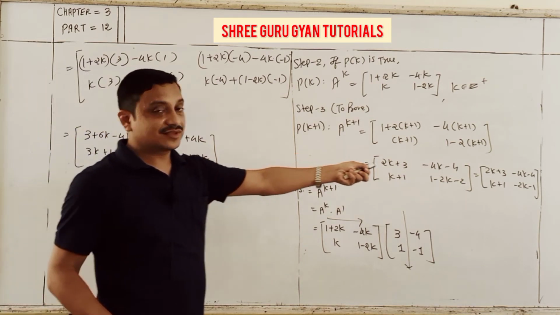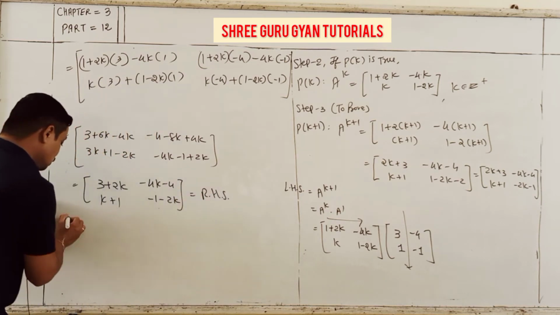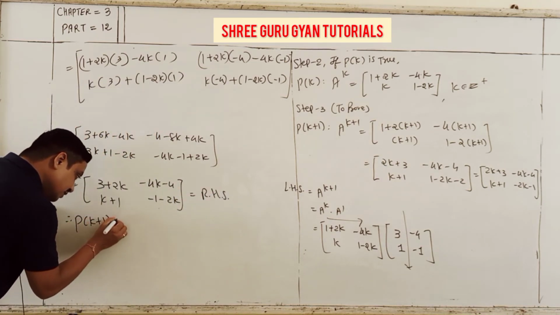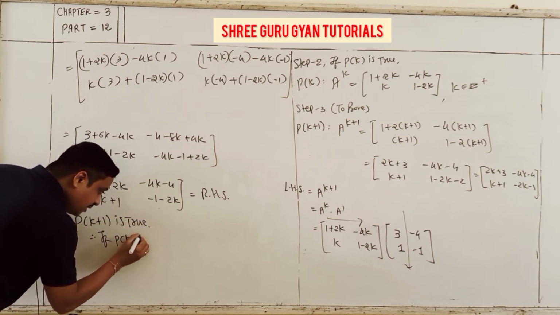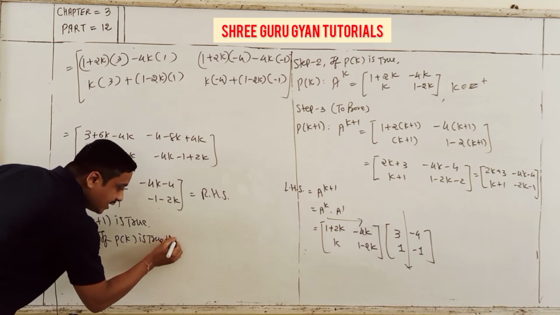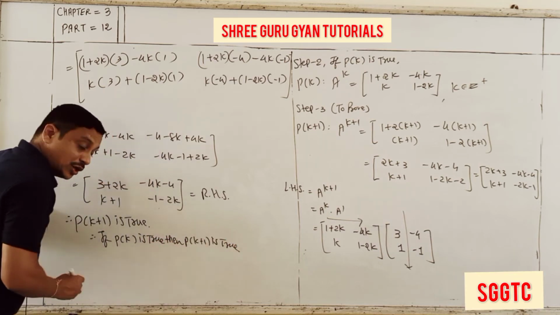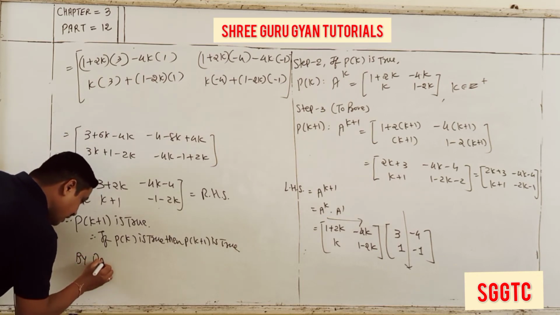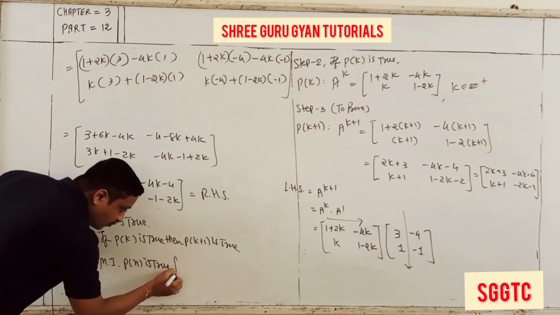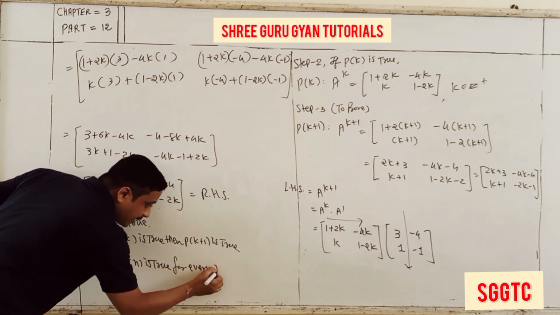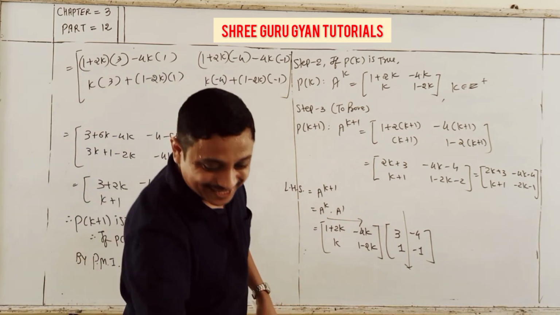That's your RHS. Yes, here my question answer is done. So what do you write? P of k plus 1 is true. Therefore, if Pk is true, then P of k plus 1 is true. So last, write by PMI, Pn is true for every n belongs to positive integers. Yes, this question is done happily.